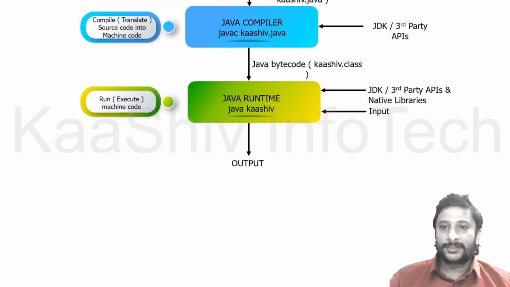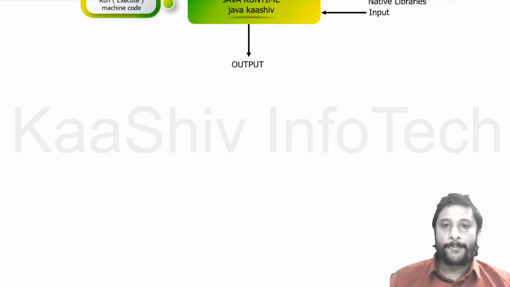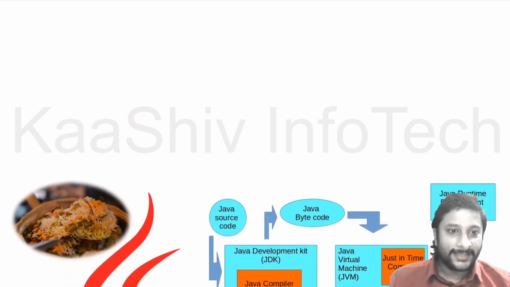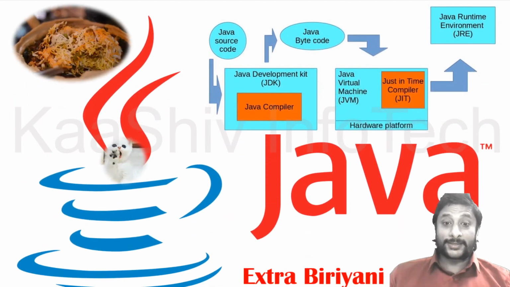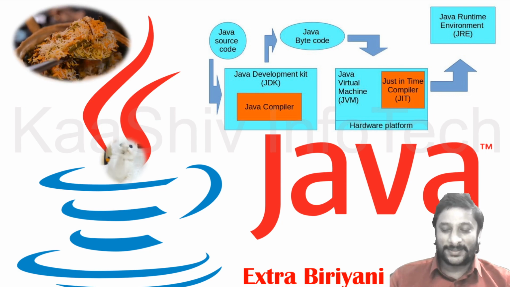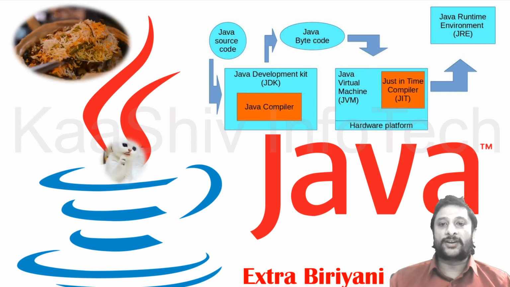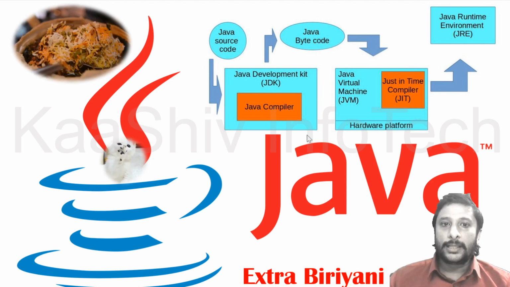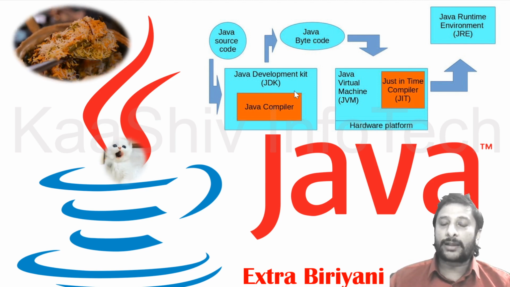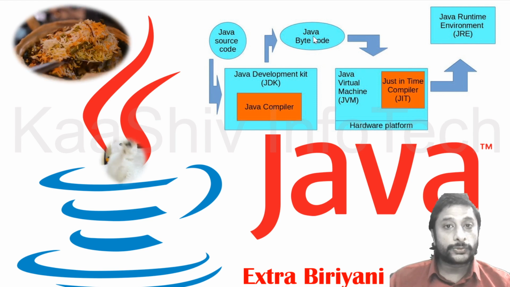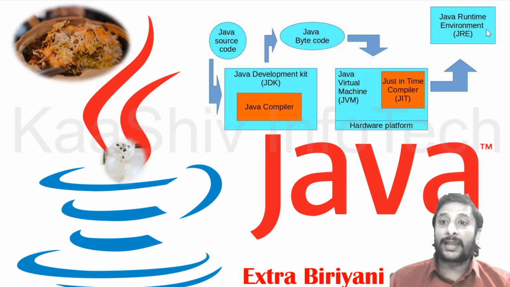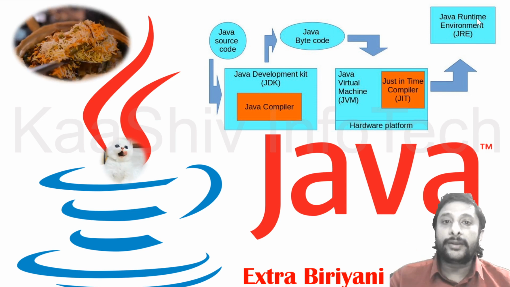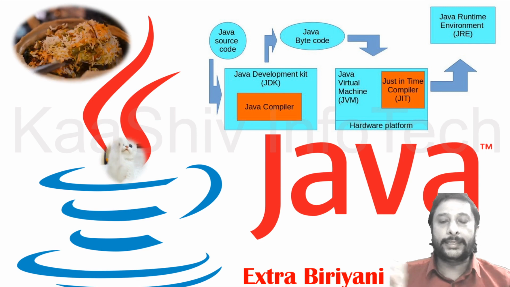Okay, so what are we going to see now? Wow, I got some biryani. I got some extra content for you. This is how the functionality works: you have the Java source code. This Java source code is run through the Java compiler and converted to Java bytecode. This Java bytecode is executed using the Java virtual machine, and this environment is called the Java runtime environment, JRE.